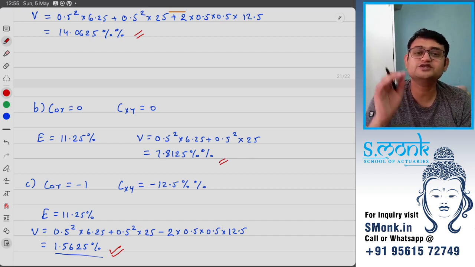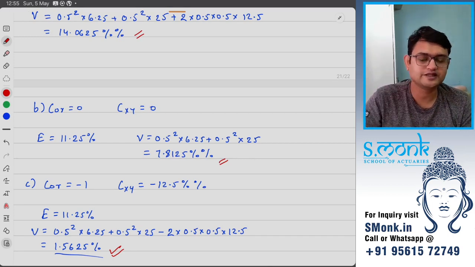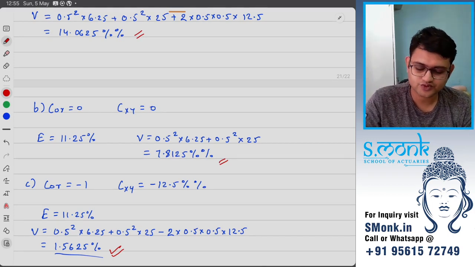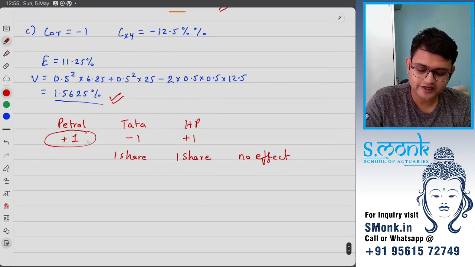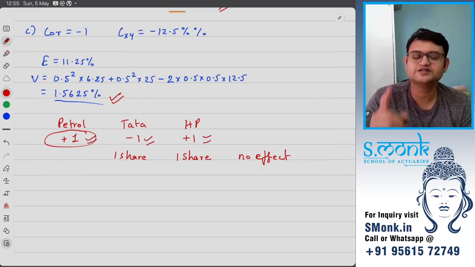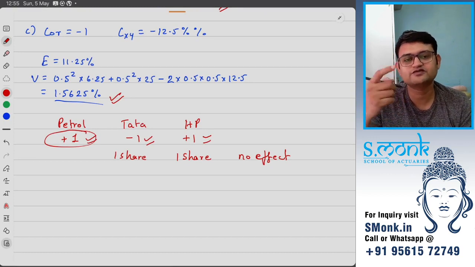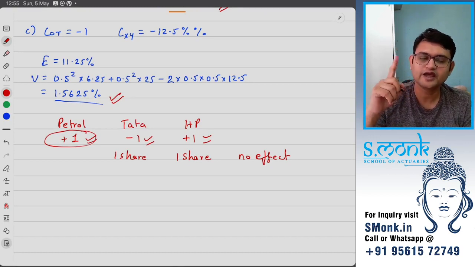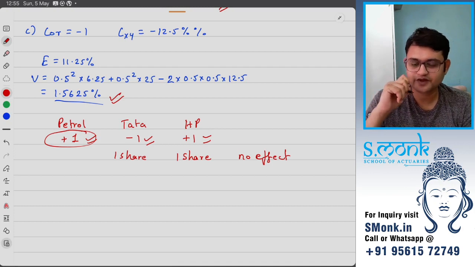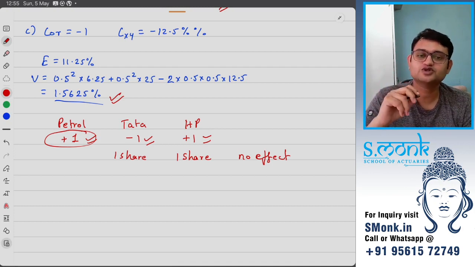But hedging is the most difficult to maintain. Because at the beginning, if I have exactly this ratio, if petrol price increases by 1 rupee, Tata Steel will decrease by 1 rupee and HP Petroleum will increase by 1 rupee. If I have exactly the same ratio, it will not remain the same throughout the time period.